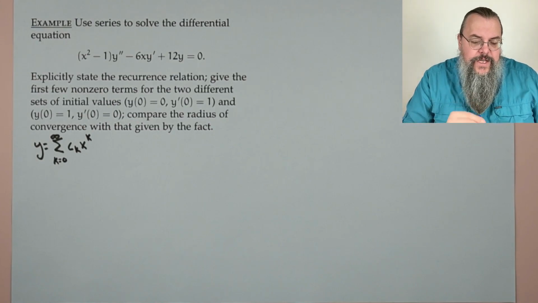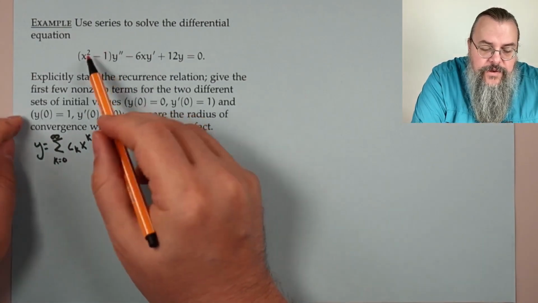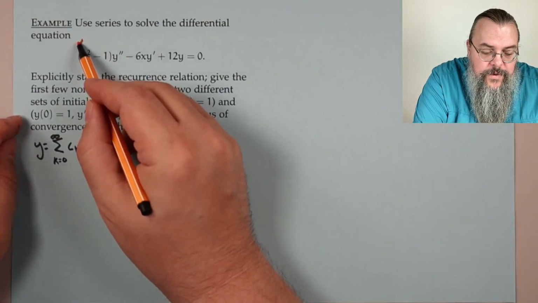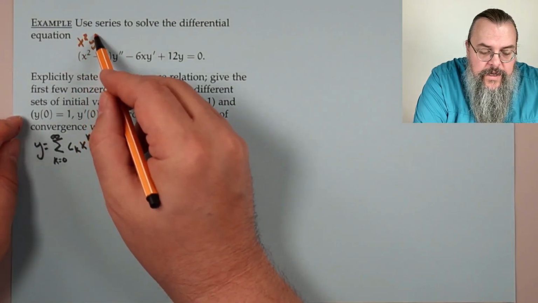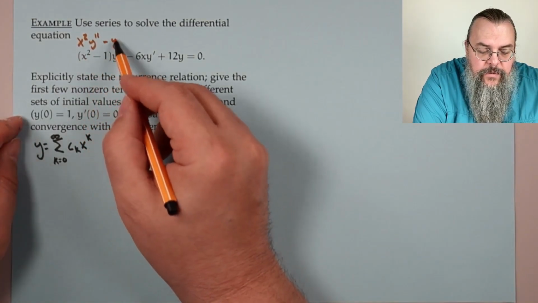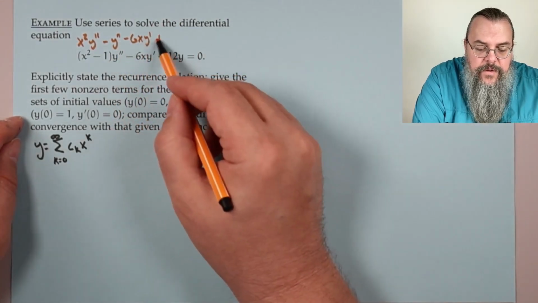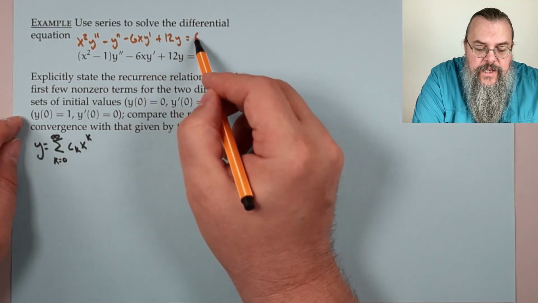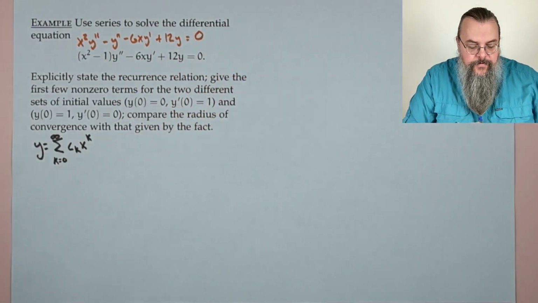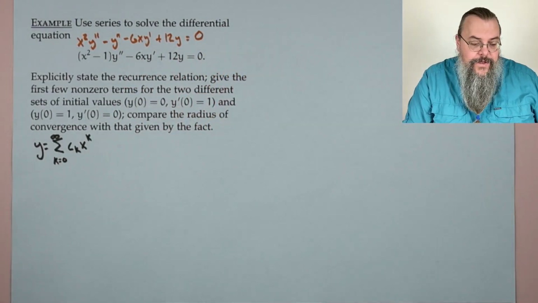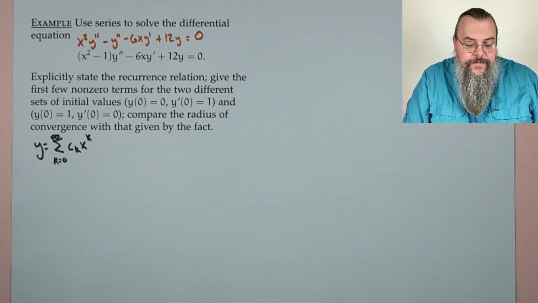And our tweak here is to multiply through. So we're going to think of this as x squared y double prime minus y double prime minus 6x y prime plus 12y equals 0. All right. Well, what do we have?